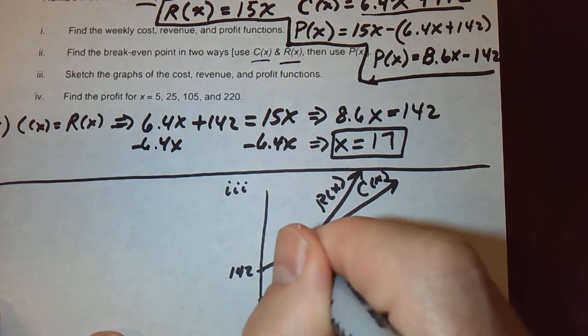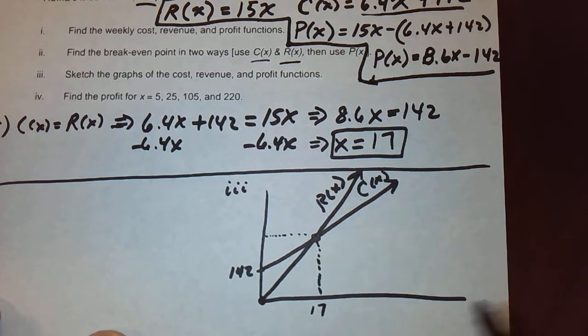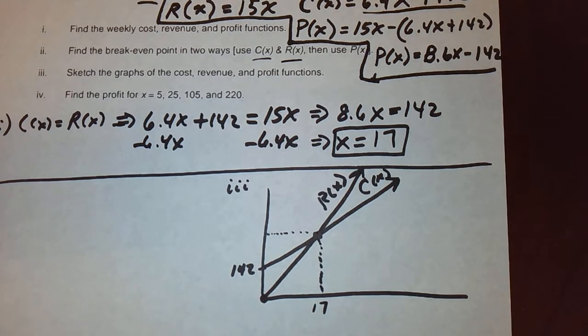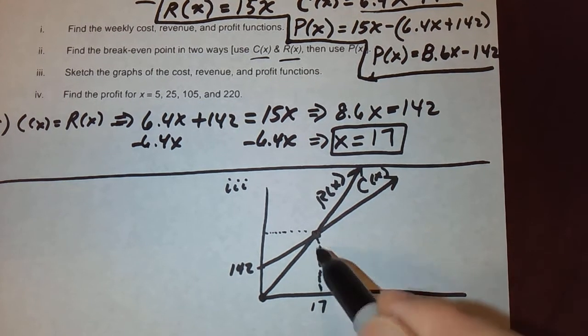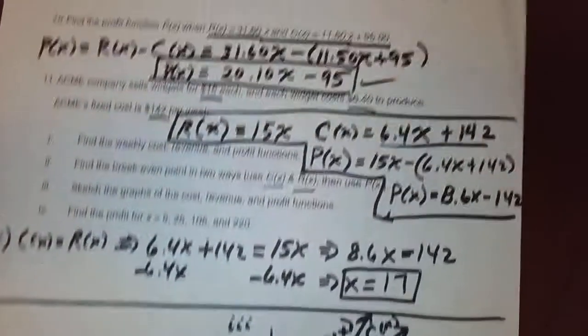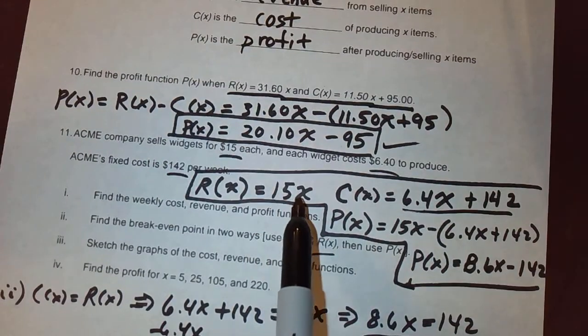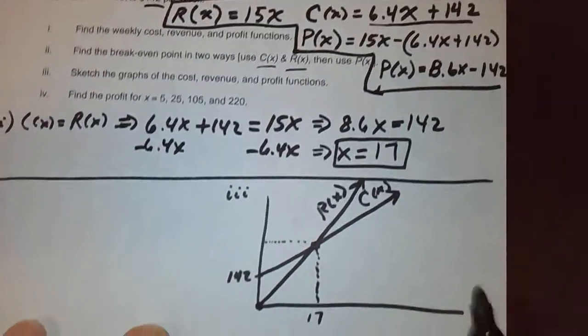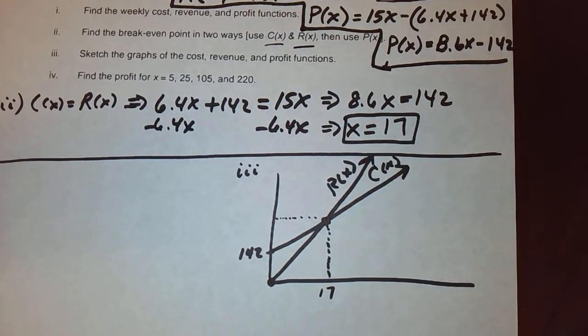And the break-even point, we usually think of it as an XY pair, it would be 17 comma whatever this number is. I'm not going to plug it in. It would basically just be 15 times 17. The y portion would be break-even, not break-even quantity, but break-even dollars. That's the number of dollars going out in costs, which is equal to the number of dollars coming in as revenue.